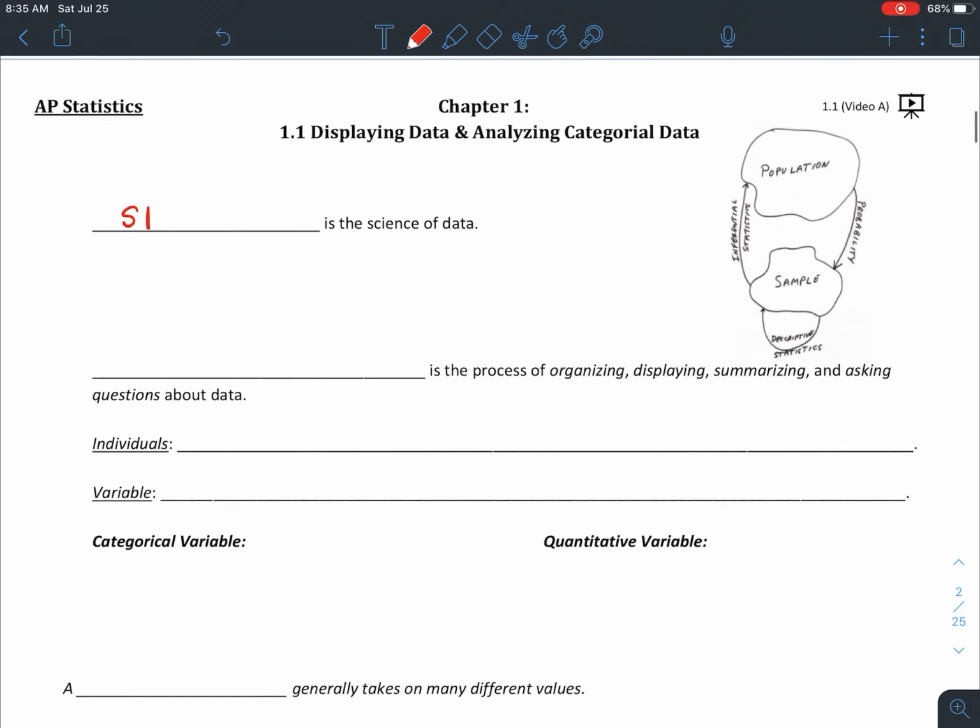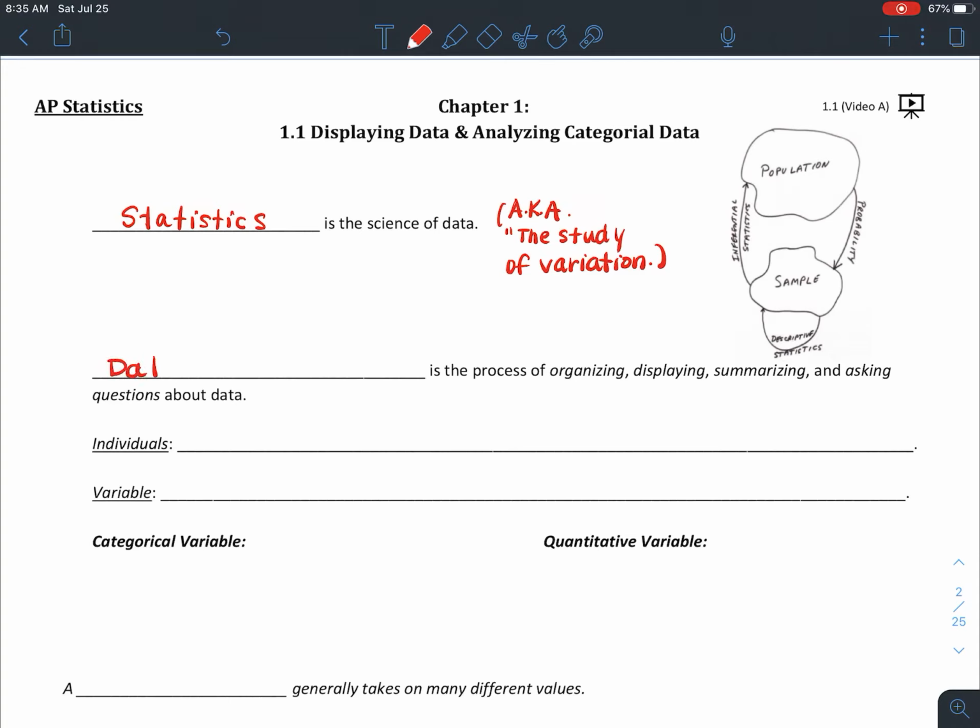So when we talk about statistics, that's what you're going to put here on the first blank. Statistics is the science of data. A lot of times it's referred to as the study of variation, okay? Variation is just how something differs. Statistics is really all about analyzing data.